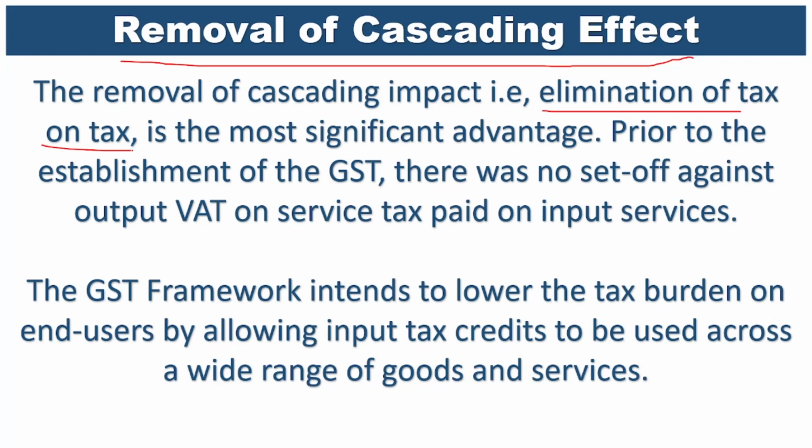We are not paying a huge amount of tax; whatever we pay is comparatively less. So the tax burden is reduced, and this allows input tax credit to be used across a wide range of goods and services.